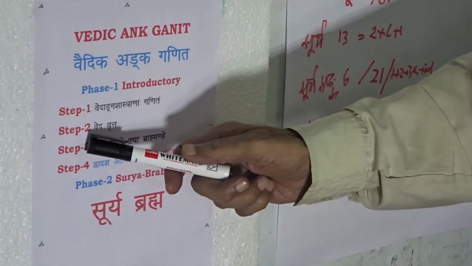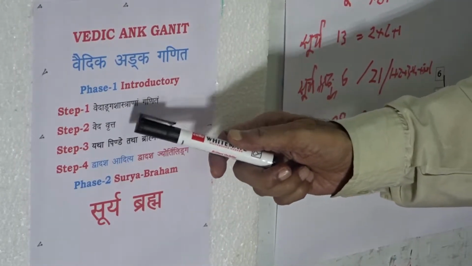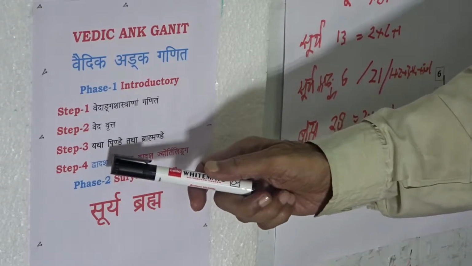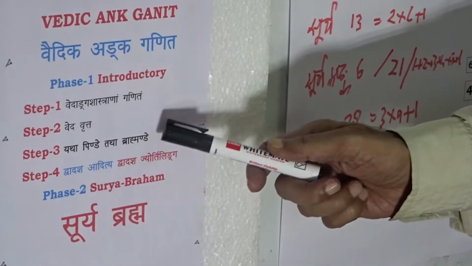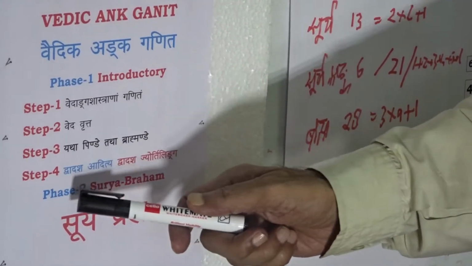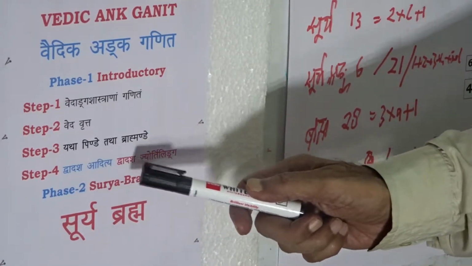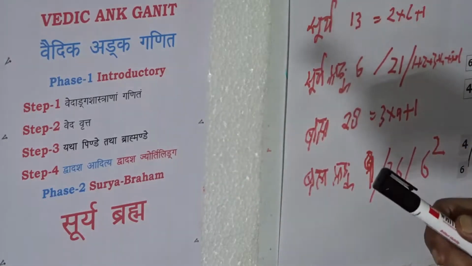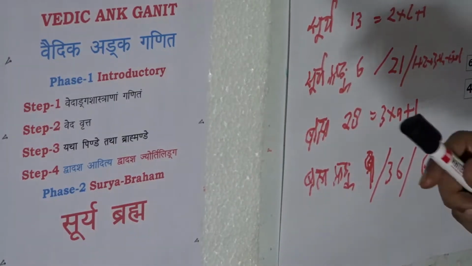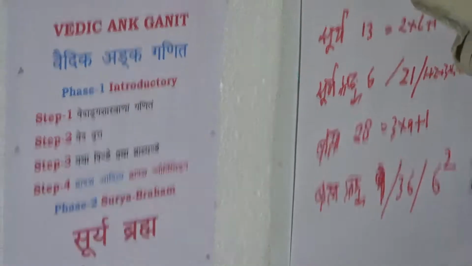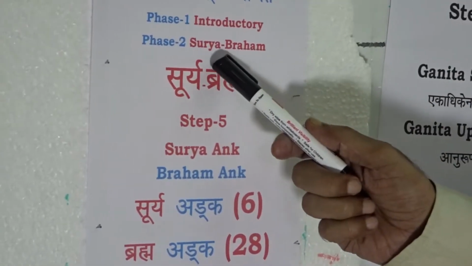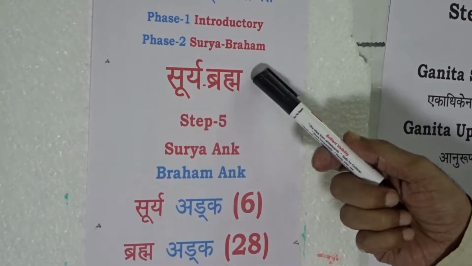Step 2 focused upon Ved Vrit. Step 3 subject had been Yatha Pinde Tatha Brahmande, and step 4 has focused upon Dwadas Aditya and Dwadas Jyotirlingam. Today in phase 2 our focus is to remain upon Surya Brahm.